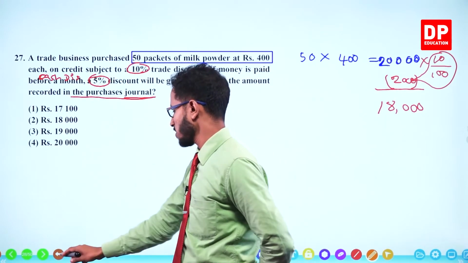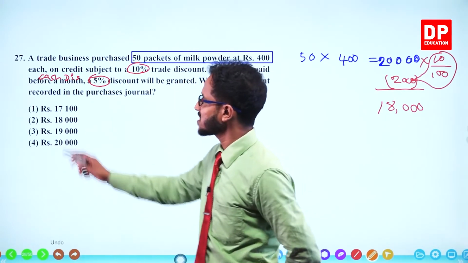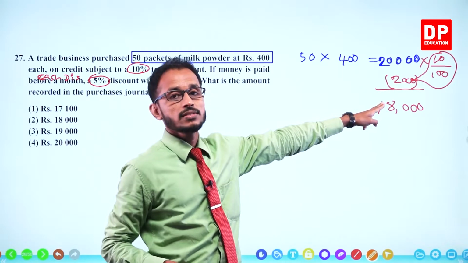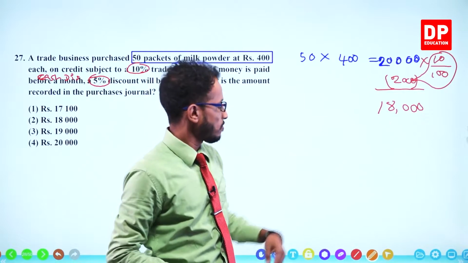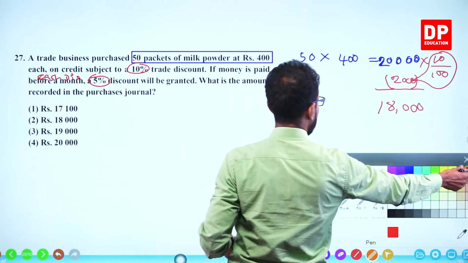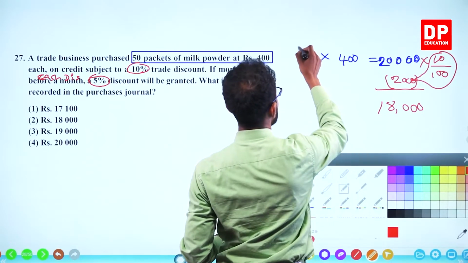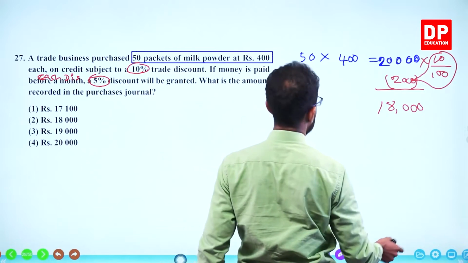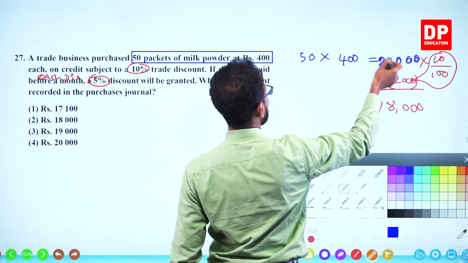Purchase journal, right. When we purchase, we record in the purchase journal. What do you record? The discounted price, the list price minus the trade discount. This is the list price, okay?